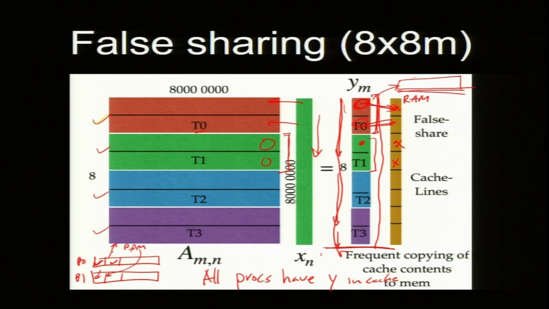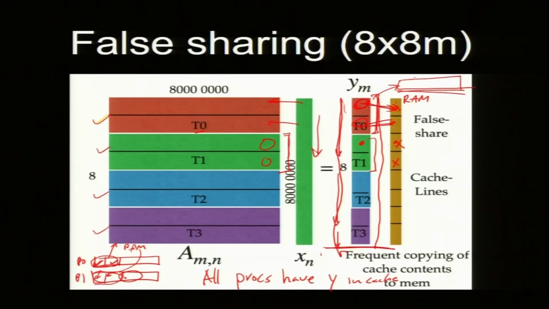Because P0 has updated these two values of Y, but P1 does not have that information. So, RAM has to do much more work. P0 writes to RAM, then RAM has to write to P1, and the same thing happens for the next set. All these rewrites have to happen, and this is the confusion of cache coherence.